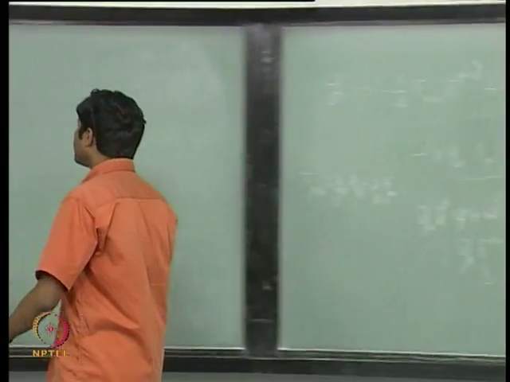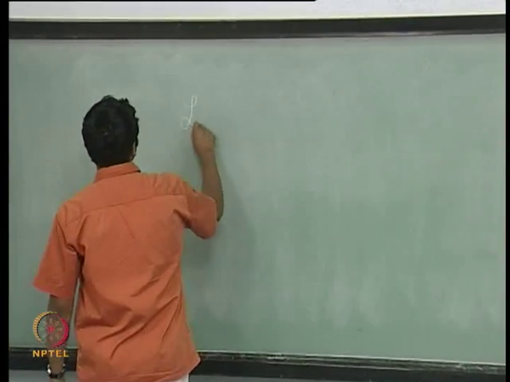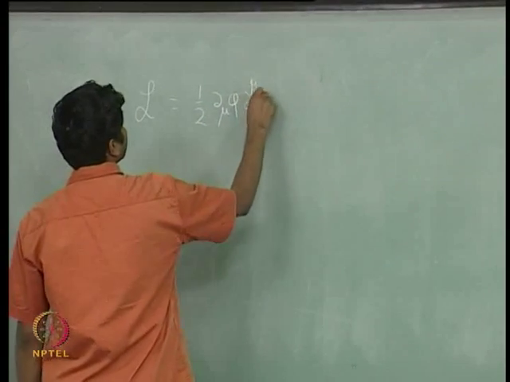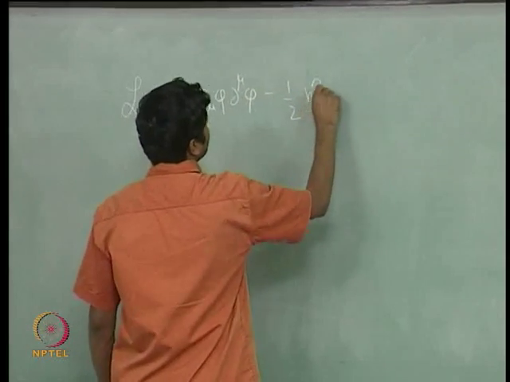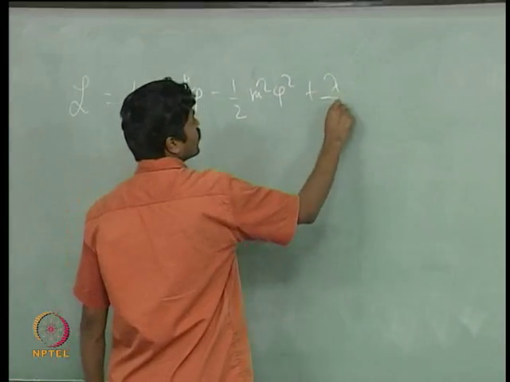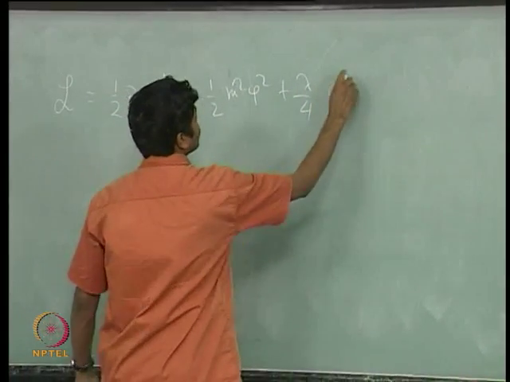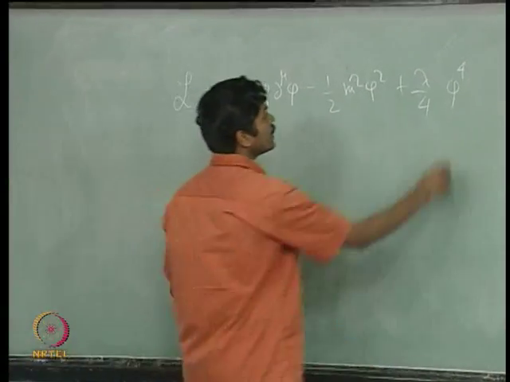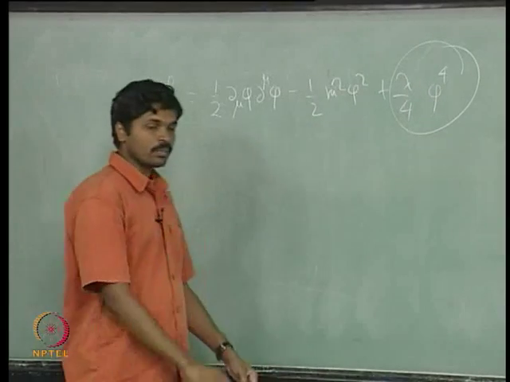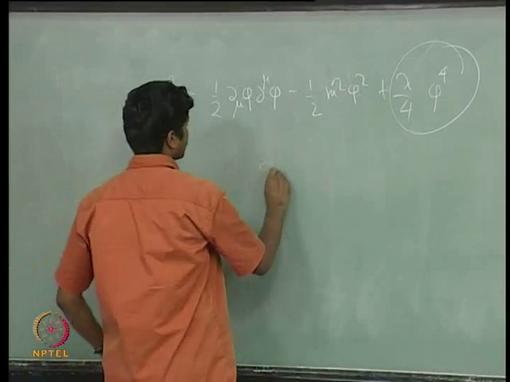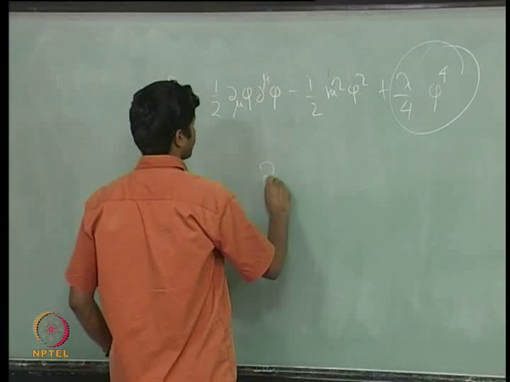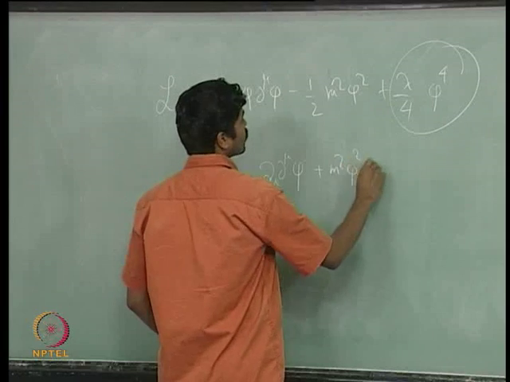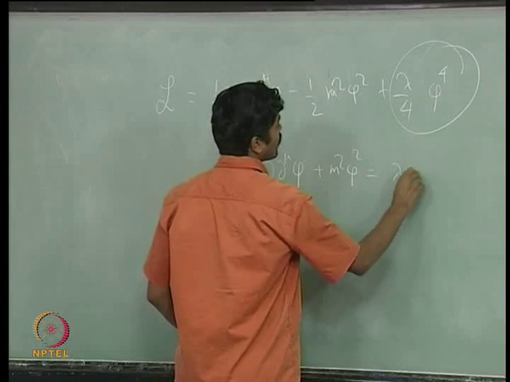For example, if you consider, let us say, a real scalar field theory with the Lagrangian half del mu phi squared minus half m squared phi squared plus lambda over 4 phi to the fourth, a phi 4 theory like this, then this term will be the interacting term, because the equation of motion for this will be del squared phi plus m squared phi is equal to lambda phi cubed.